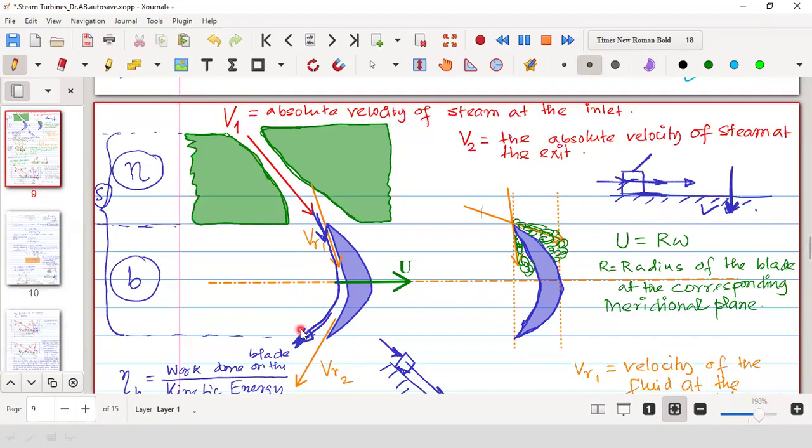So the stage efficiency is describing that out of the total enthalpy drop that is happening across the stage, what is the mechanical power that is developed? That means out of this total expenditure, how much is the actual gain?